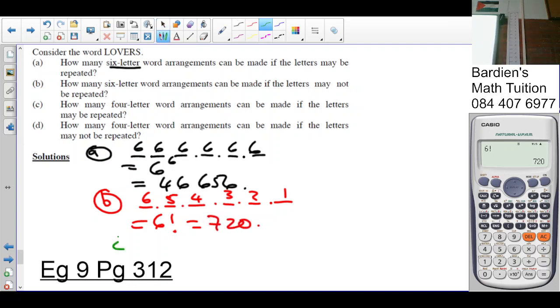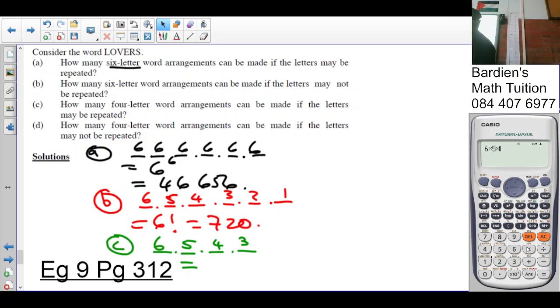Let's look at C. C says, how many 4-letter words can be made if the letters may be repeated? So we'll have 4 bits. How many options do we have? 6 times 5 times 4 times 3, 360?